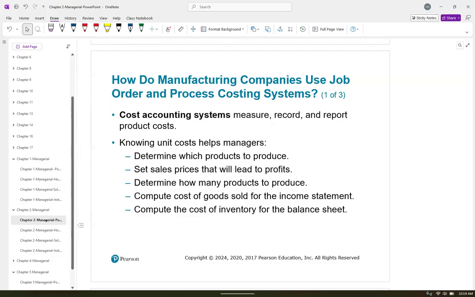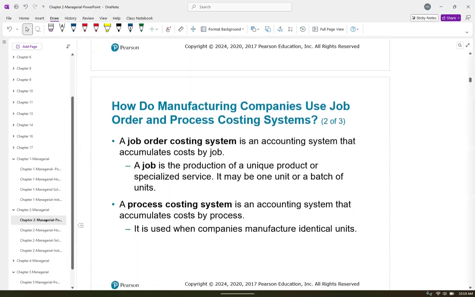Okay, so cost accounting systems help keep up with all of this data to be able to see how much it costs us and what things are costing us the most. A lot of times people will look at their income statement and be like, hey, you know what? Labor is the most expensive thing on there. And that's usually the first thing to go, they'll do a reduction in workforce because labor is very expensive. Okay. All right.